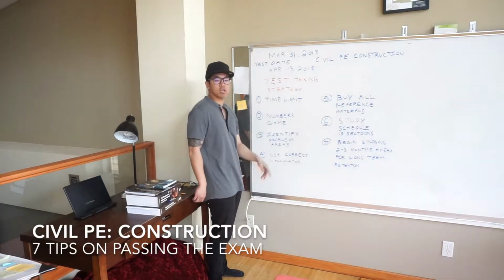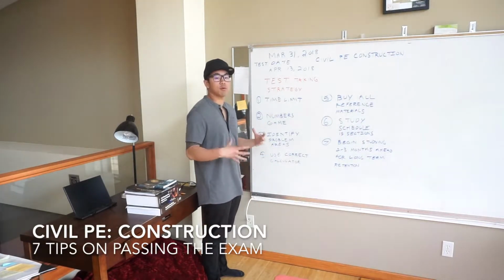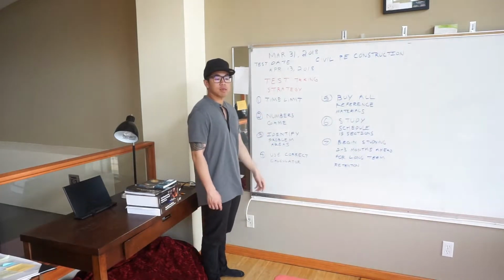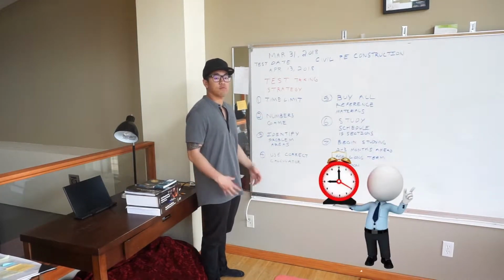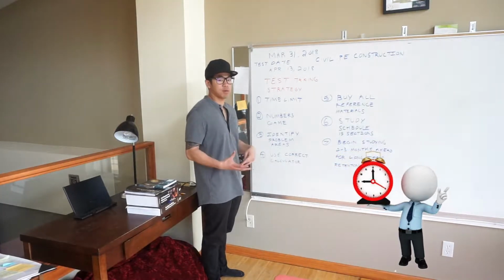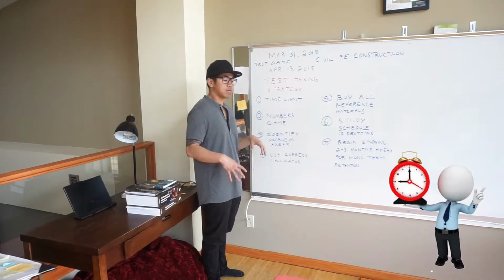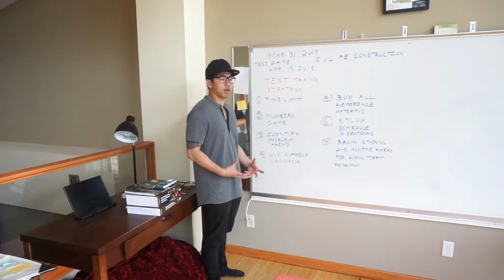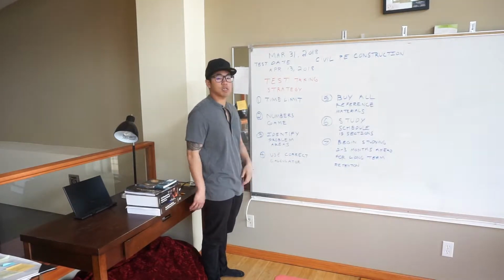Seven test taking strategies. This is my strategy that I'm going to use to take the test. Number 1 is time limit. There are 40 questions for each AM and PM exam, and I'm treating them as separate halves. My basic strategy is to take it section by section, 6 minutes a question.